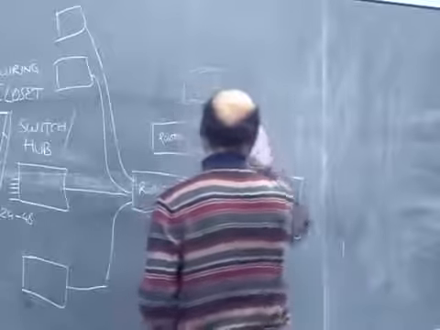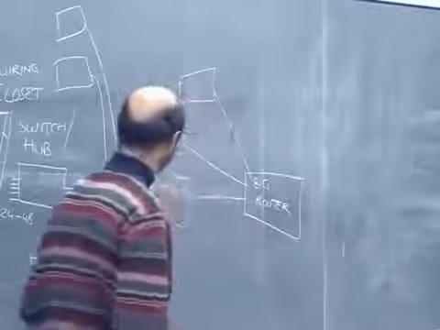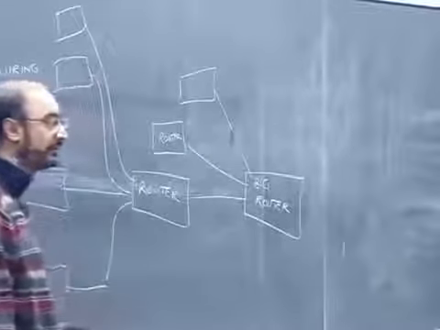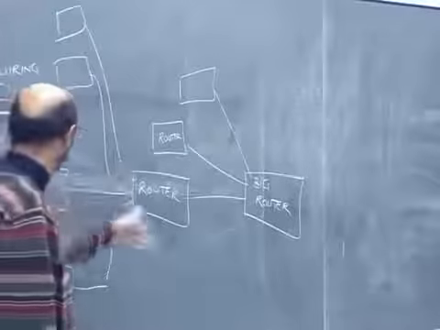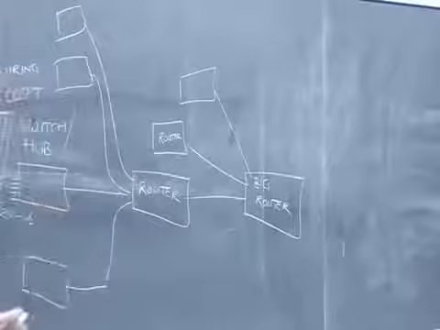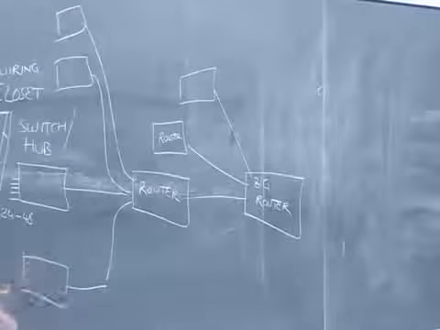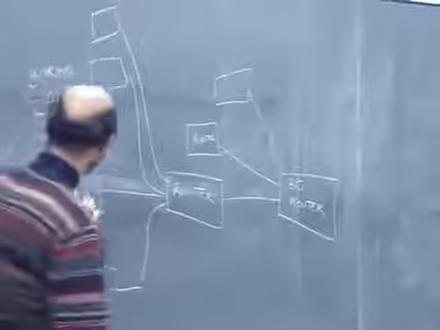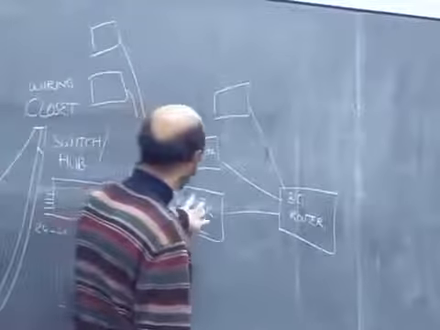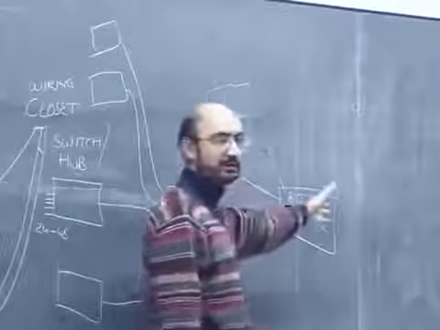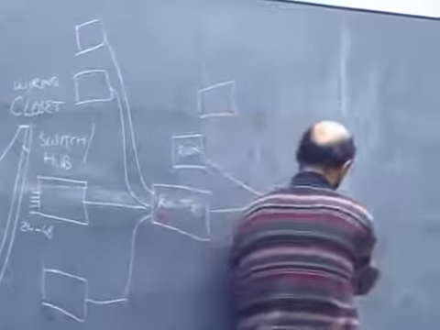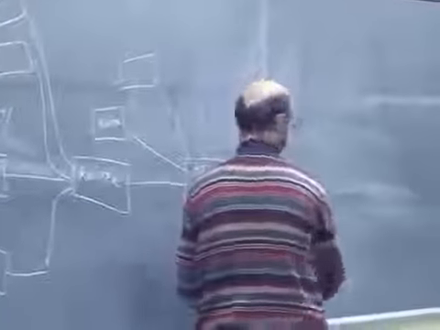And you'll notice that each time we aggregate stuff, it's about 25 to 100. So about 25 wires coming into a switch, about 25 switches going to a router, about 25 routers going to a big router. This big router now has all the traffic into and out of the University of Waterloo.